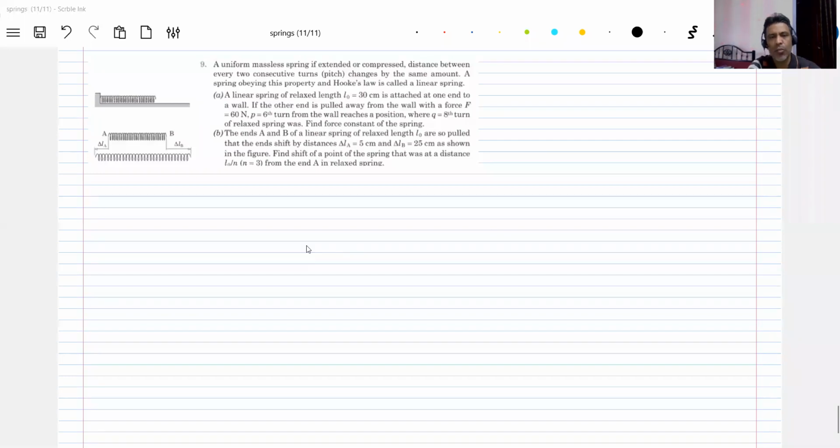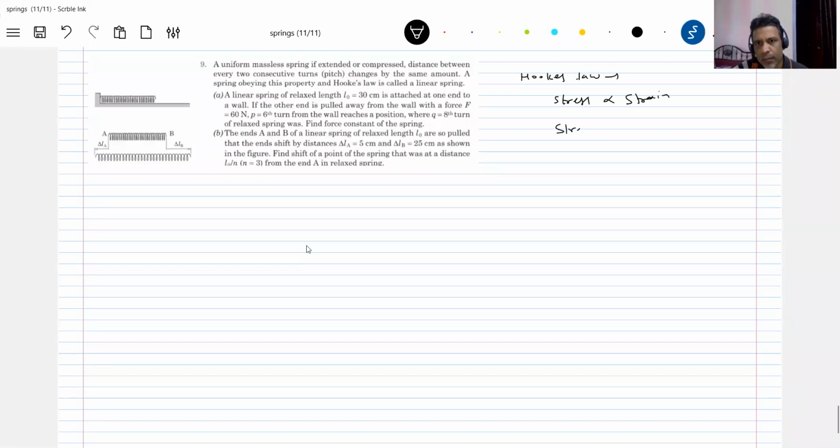I'll tell you now, Hooke's law is nothing but the spring force: the force is directly proportional to displacement. What does Hooke's law say? Stress is directly proportional to strain. What do you mean by stress?